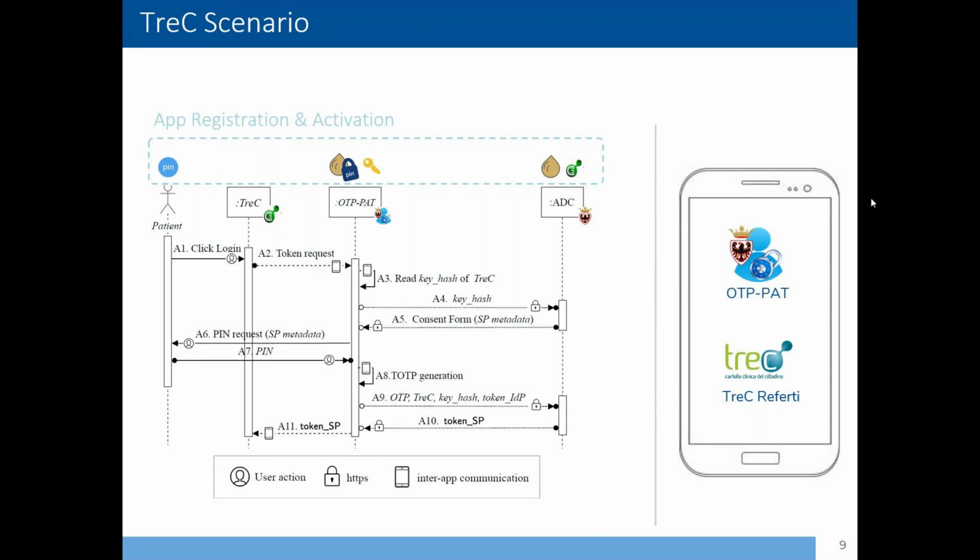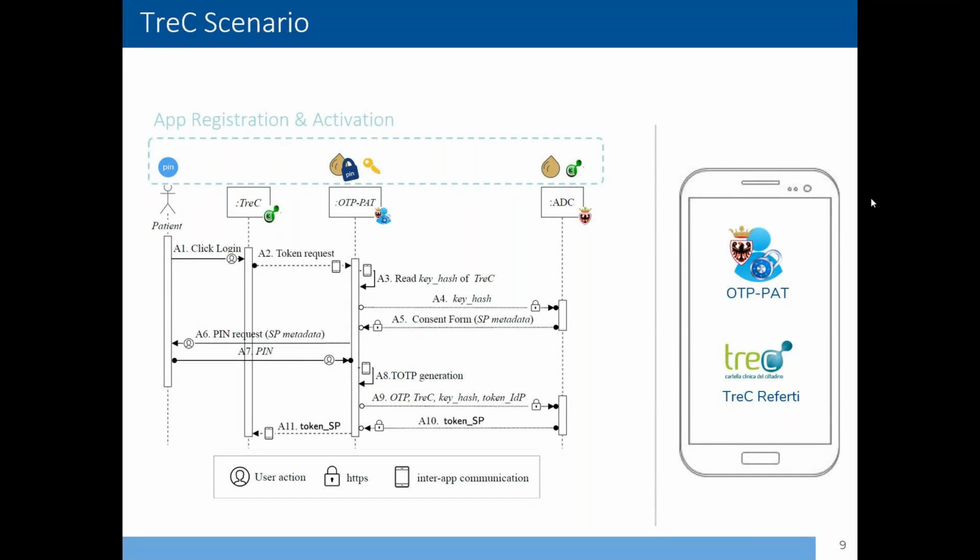And as a consequence of this phase, the external identity provider will share a seed value and a token used for providing the single sign-on experience. The seed value is stored locally by the OTP app, protected with a PIN that is created by the patient during this phase.